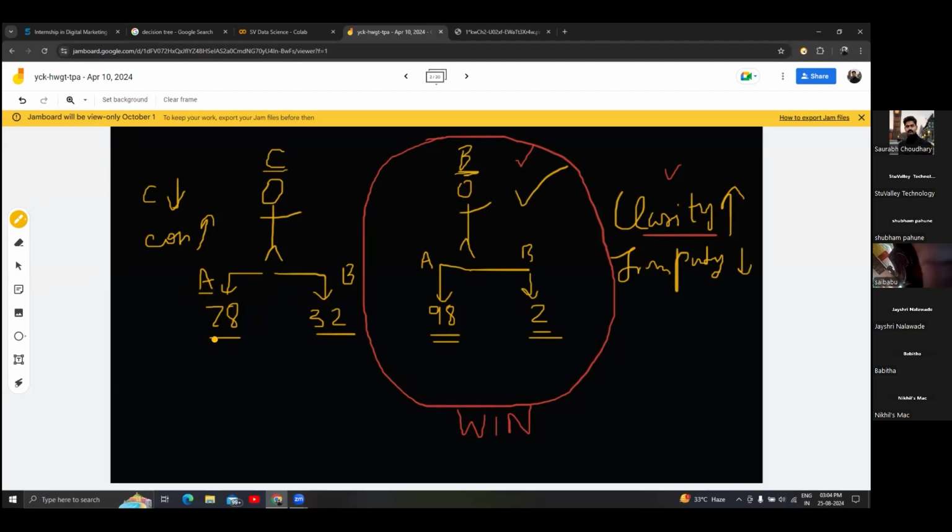So you can say that 68% of people are supporting it, 32% are not supporting. And this is a particular party B. For the bill, supporters are 98 and those who are not supporting are 2. So who do you think will win the election? Party C or B?